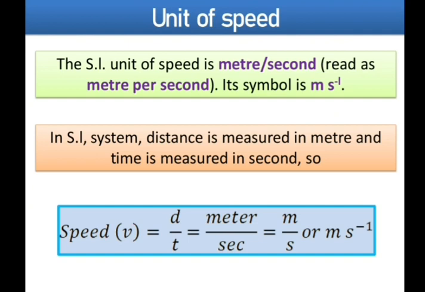So the unit of speed is meter by second, or meter per second, which can be written as meter second inverse, that is meter second to the power minus 1. So the SI unit of speed is meter per second or meter second inverse.